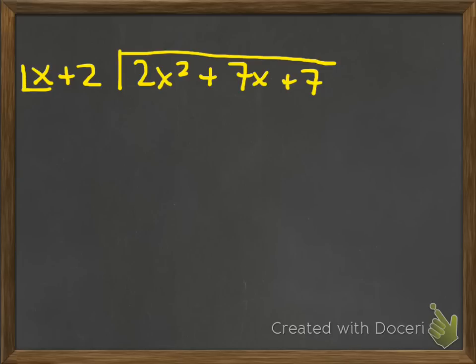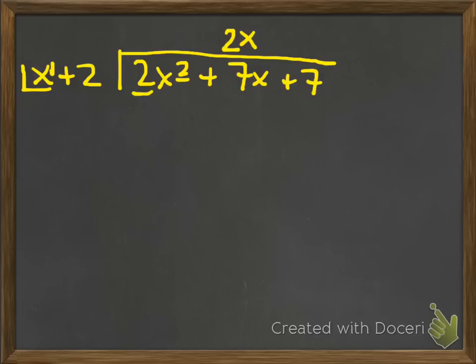The 2 divided by 1 means I need to write a 2. X times what will give me an x squared? If you're not sure, keep in mind that this has an exponent of 1, and that one has an exponent of 2. Division means subtraction, so 2 minus 1 means I would have 1x, so x to the first power.